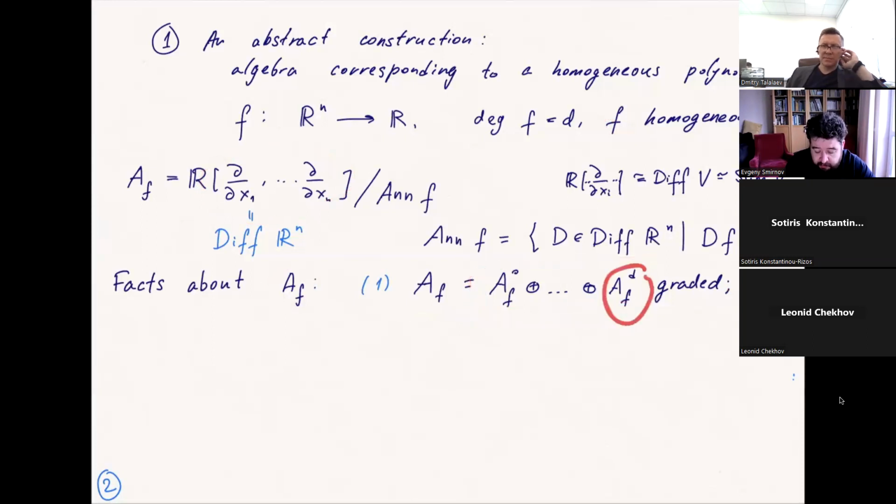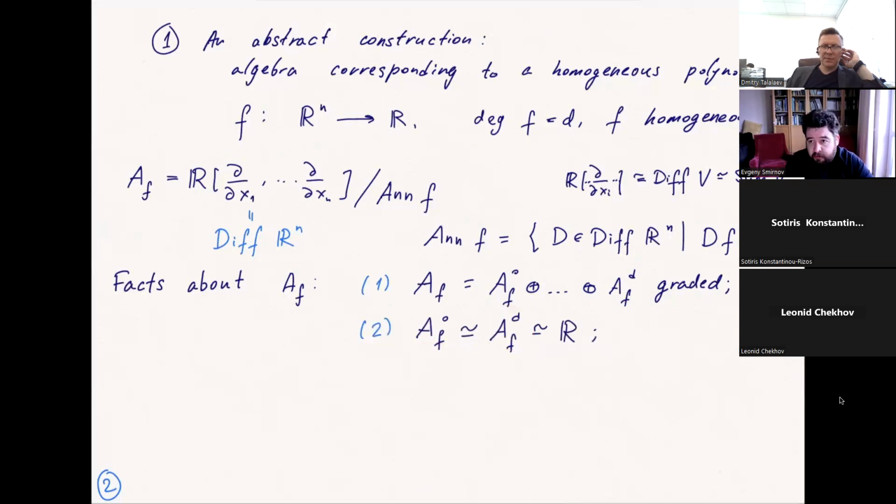And the upper component, A_f upper d, is of degree equal to the degree of f, right? And in particular, the zero component is the space of constants, right? And I'm claiming, this is my second property, that my top degree component is one-dimensional as well.